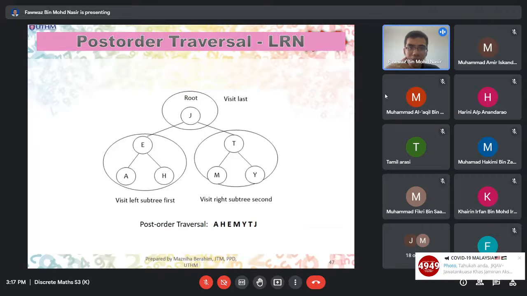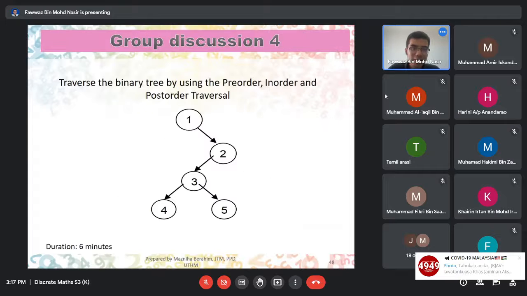For post-order, we go to the left child, the right child and the parent or the root. So try to do this in 3 minutes. This row gives this binary tree. Then we find its pre-order, in-order and post-order. Write the sequence, or traverse this tree in pre-order, in-order and post-order. Then we discuss the answer.